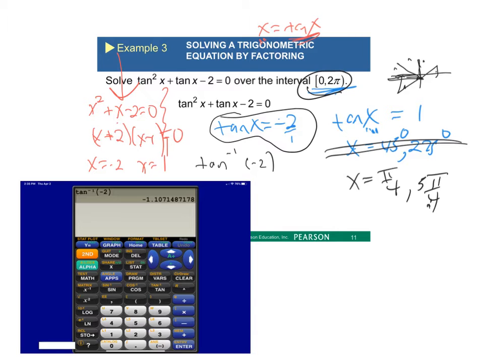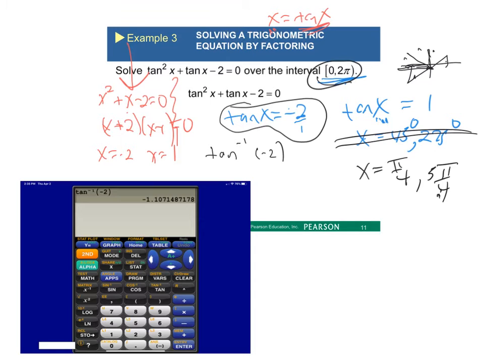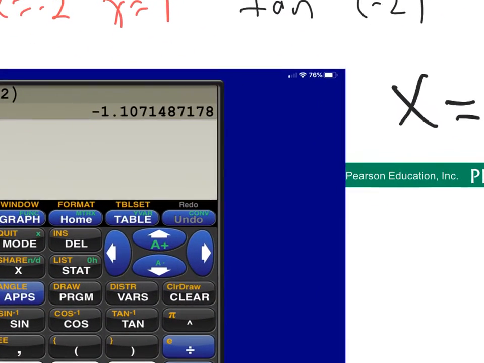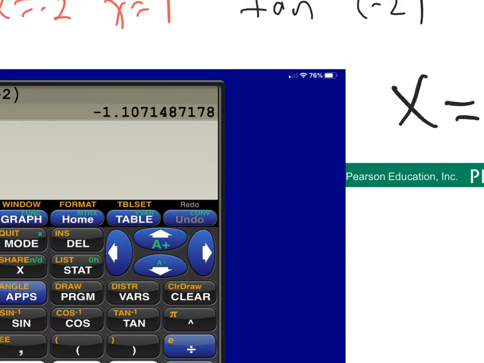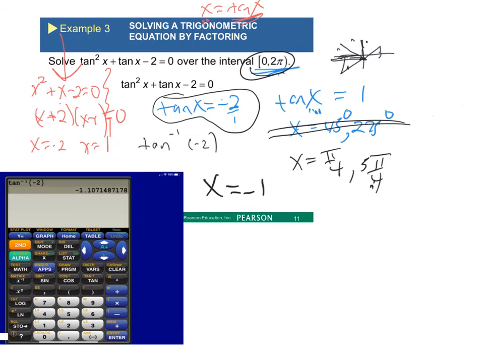The answer I got is x equals negative 1.1074 radians, which we never record that. I'm just making sure you understand.